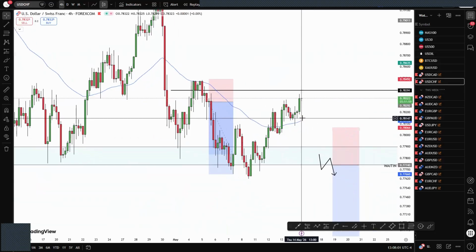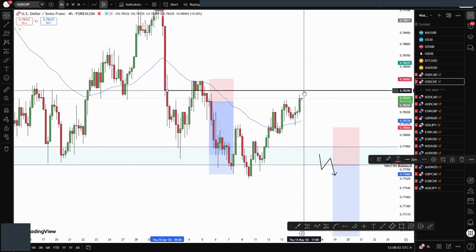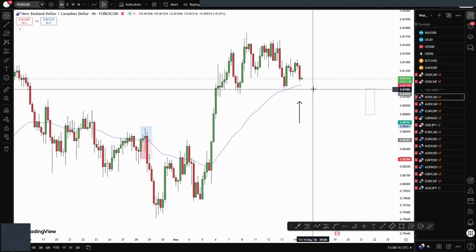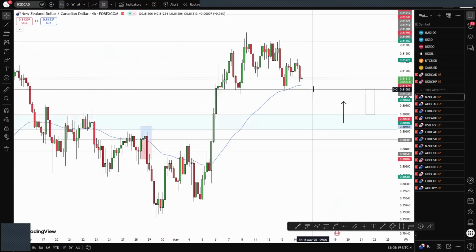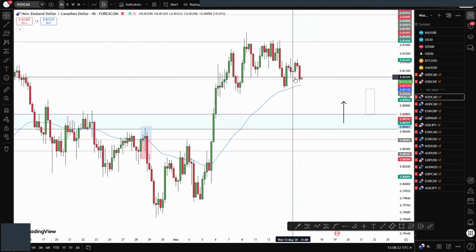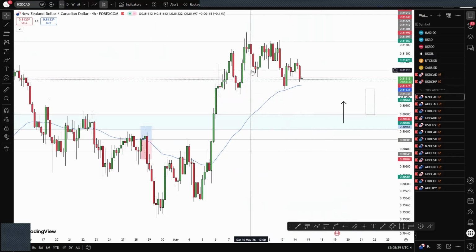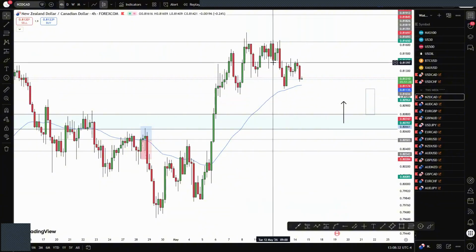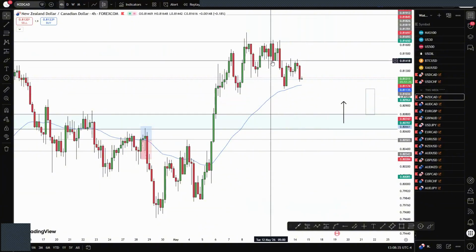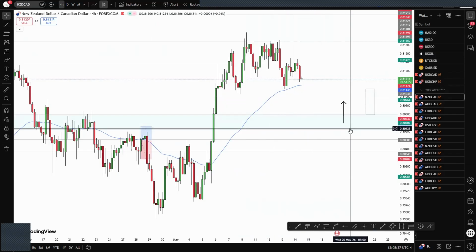And if price ends up breaking above this level, then this trade is also gone. Then we just have one pair to look at, which is USD CAD. On NZD CAD, price is at a nice bearish close, so maybe we can get that retest by tomorrow. With the look of things, we can get that retest by tomorrow, but price is still moving.